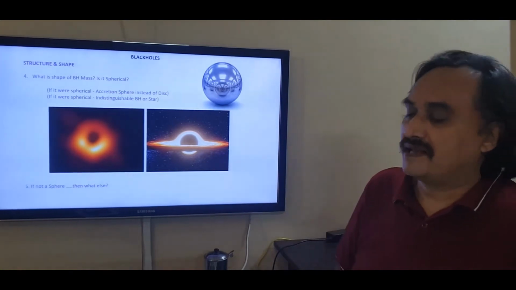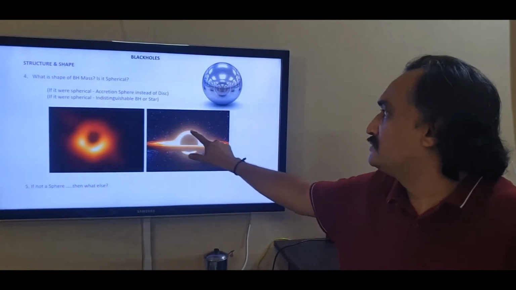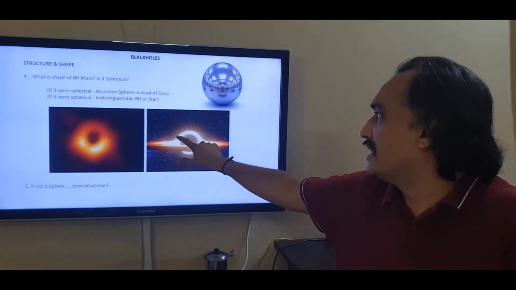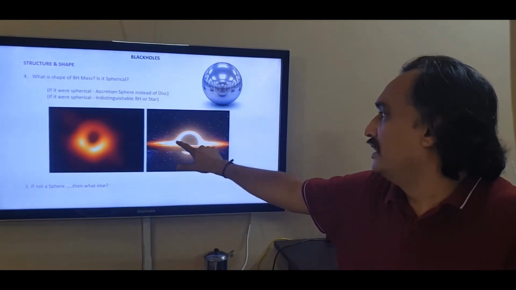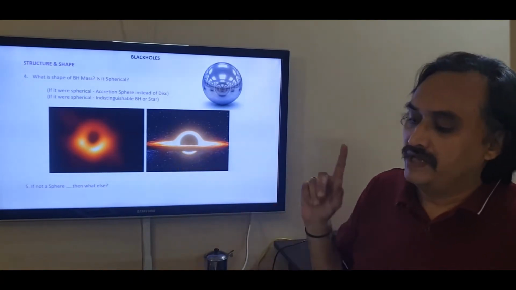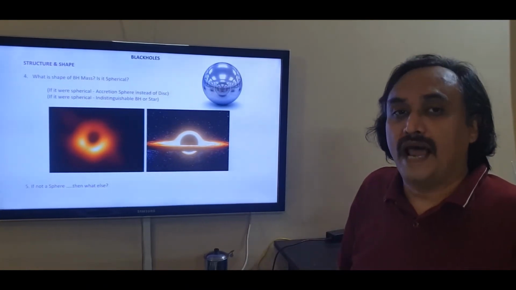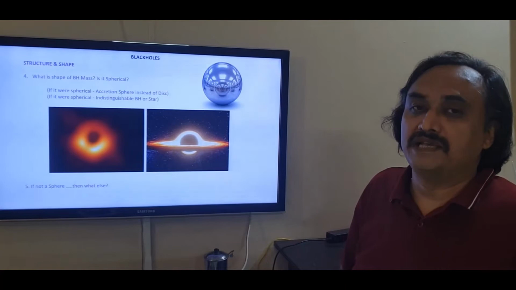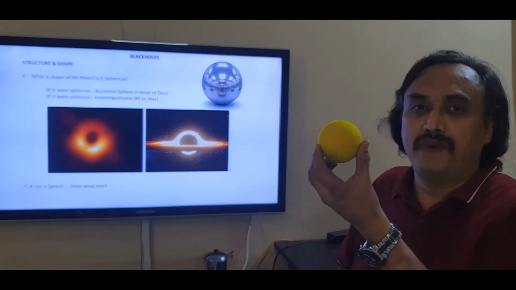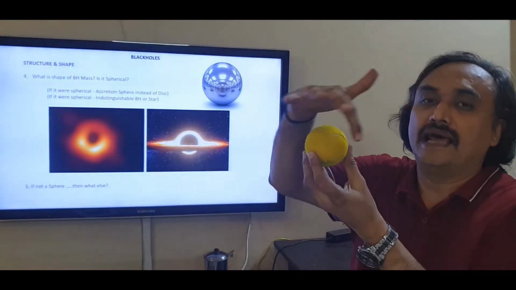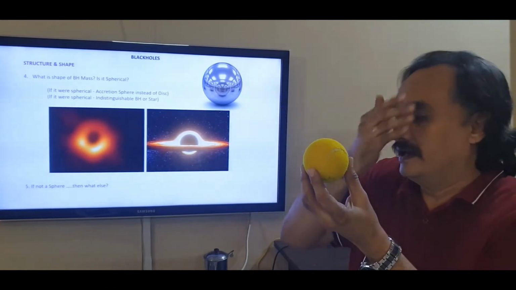This picture may be slightly misleading because you see this part, as though the mass is moving on the top as well as the bottom, but it's only the effect of the black hole on the light being bent. So you have a black hole here, and you have the accretion disk.